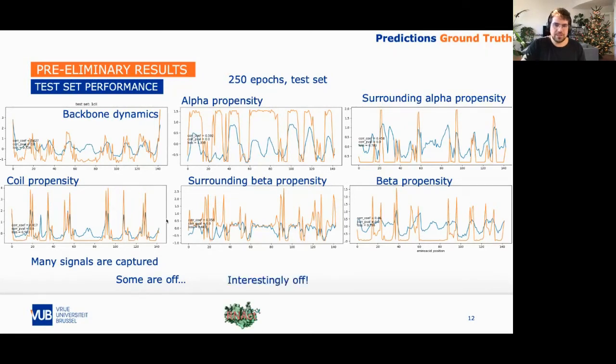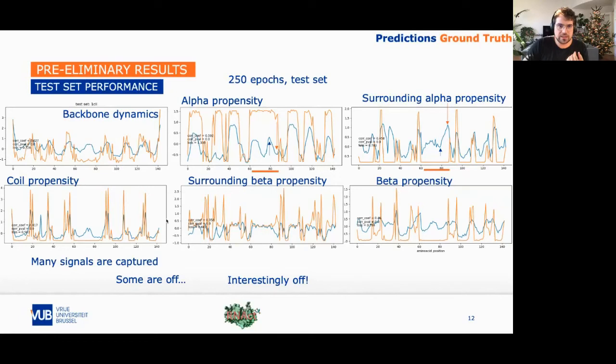But I also see that some of them are interestingly off, because when I look at these figures, especially in alpha and surrounding alpha, I see a region that really annoyed me at first. Then the more I looked at it, I saw that around amino acid 80, there is a peak in alpha that matches a valley in surrounding alpha, and the other way around, a valley in alpha that matches a peak in surrounding alpha.